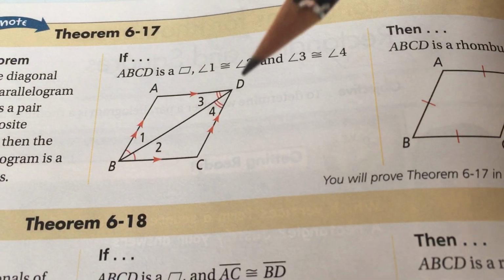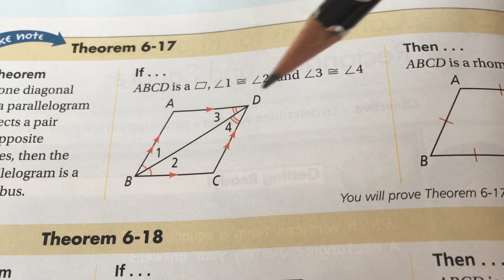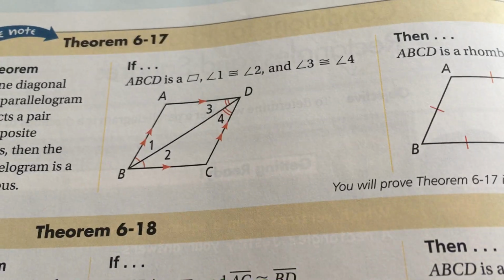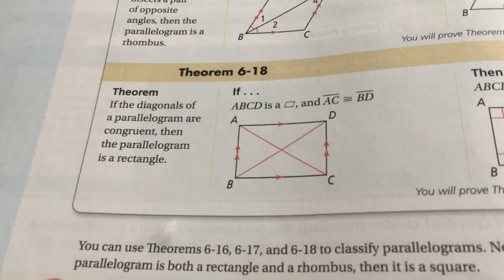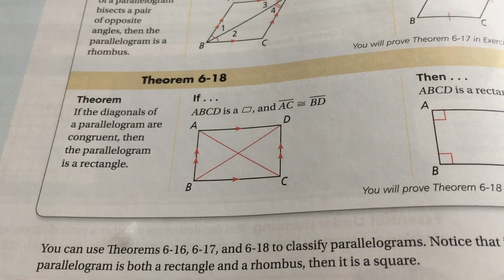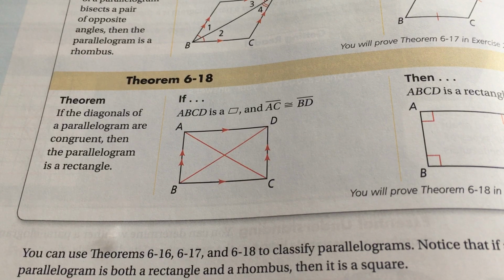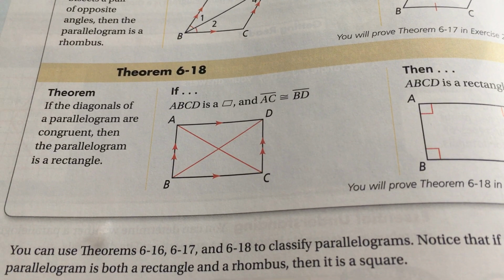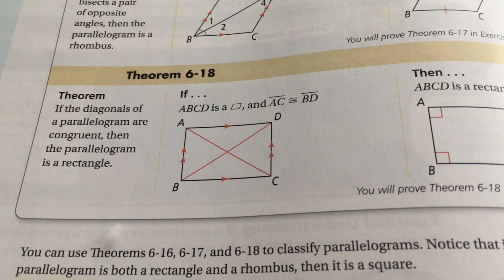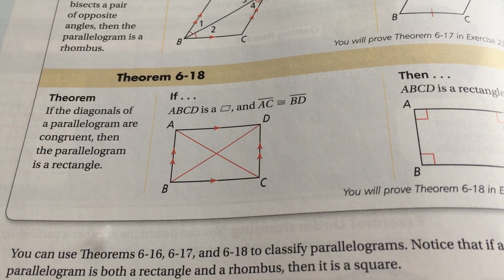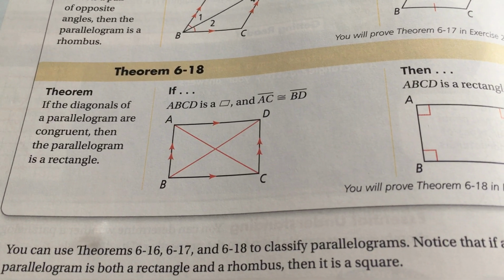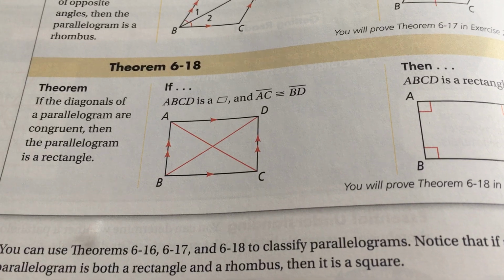If ABCD is a parallelogram and angle 1 is congruent to angle 2 and angle 3 is congruent to angle 4, you know you've got a rhombus. In 6.18, that theorem says if the diagonals of a parallelogram are congruent, then that parallelogram is a rectangle.